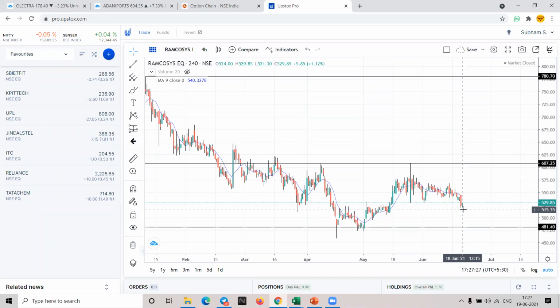Clear, everybody? So it is the average of the 9 candles' close prices. This is how it is taken.